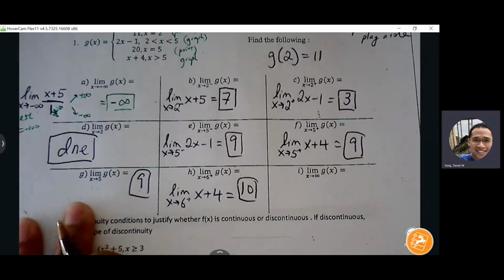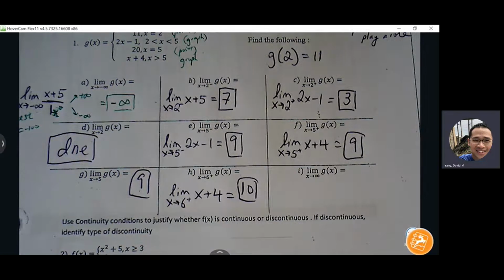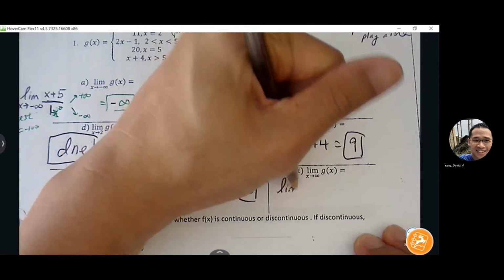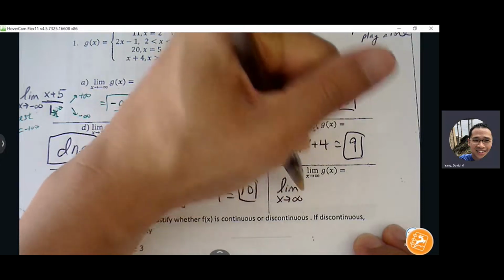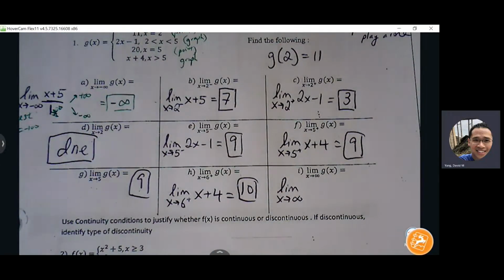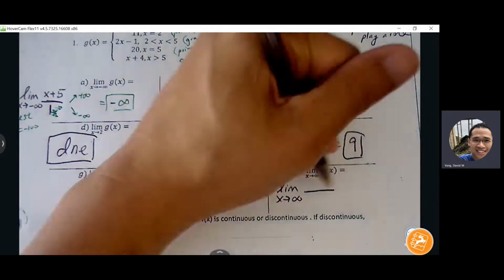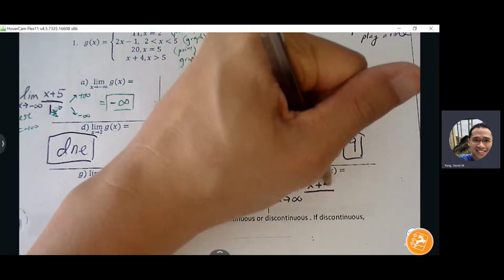All right, approaching infinity. Which one do we choose for that? x plus 4, because infinity is greater than 5, and that matches our restriction there. So if we're approaching infinity, what's our strategy? x plus 4 and then put a 1 underneath. We want a numerator and denominator.